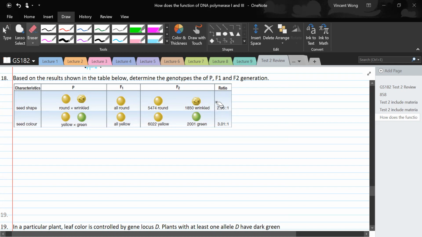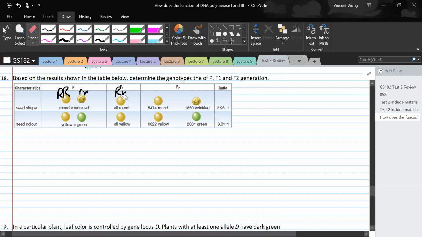Okay, so if you see the 3 to 1 ratio, then you know the parents would have to be pure to begin with. Okay, if you begin with purebred, pure homozygous parents, all the individuals in the F1 are going to be heterozygous, and they all resemble the dominant trait.